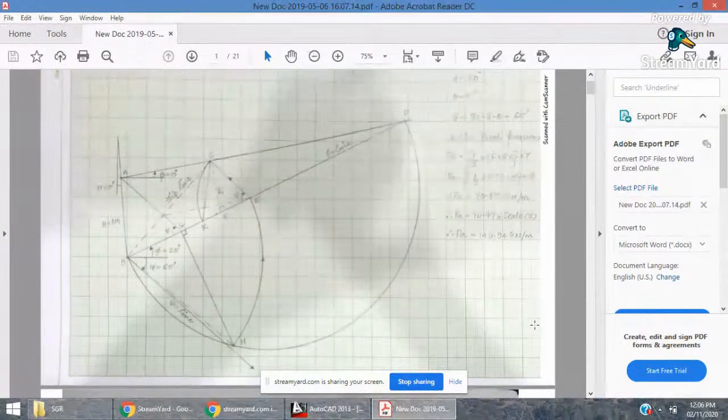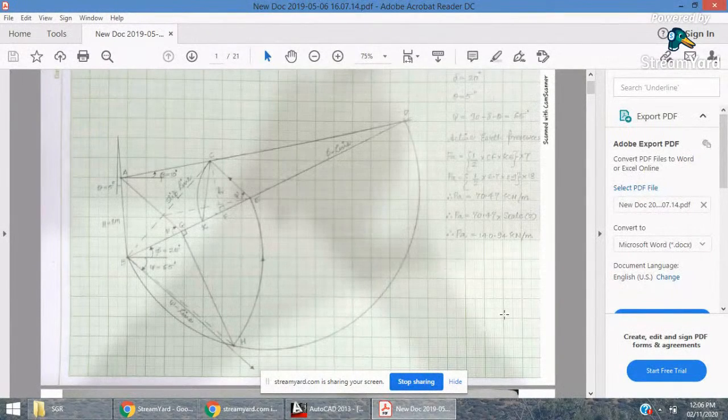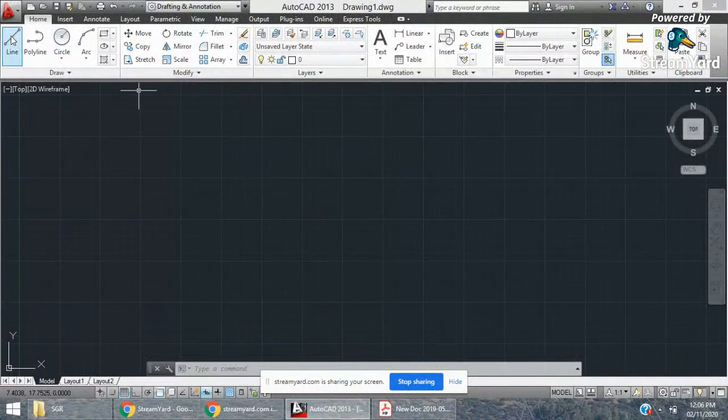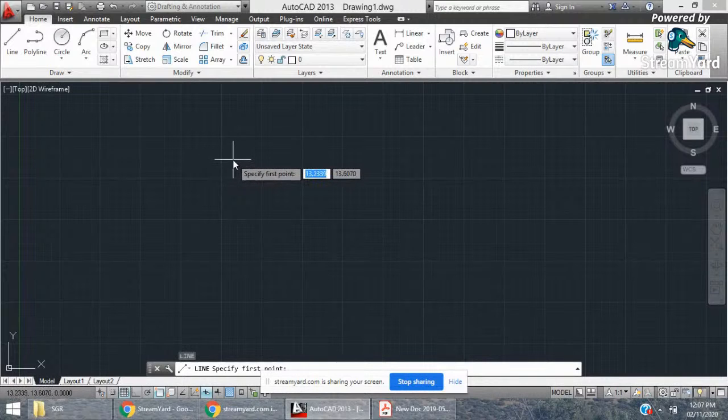So you need a proper roller scale, a rounder with a pencil, and a protractor to measure the angles. Okay, so you have the line, you have drawn the line of 8-meter height. You can take any scale you want.